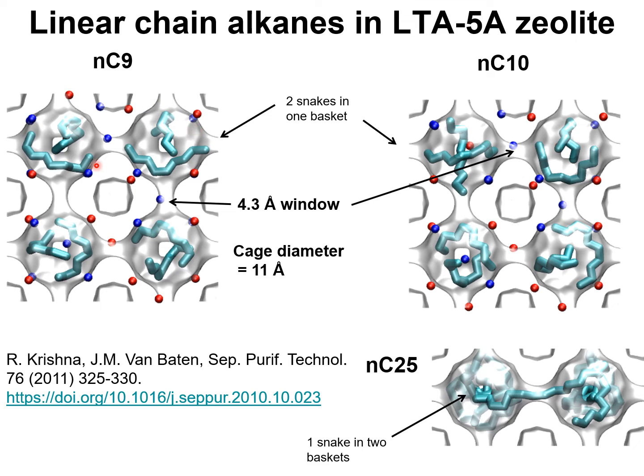Within a single cage, 2 NC9 molecules can be accommodated, or 2 NC10 molecules, but for NC25, 1 molecule occupies 2 adjacent cages.